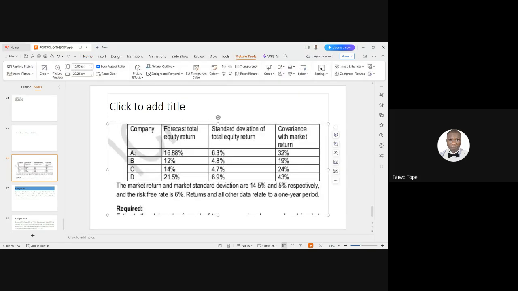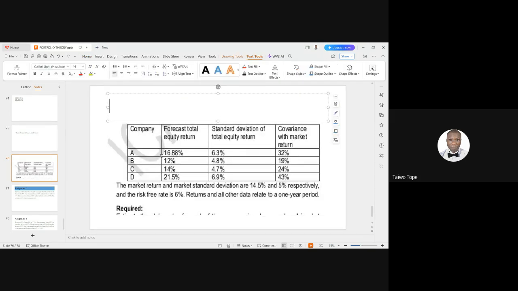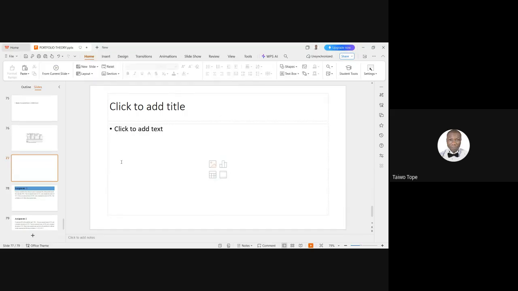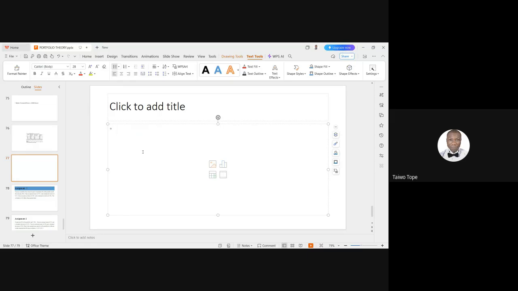The first thing we must do is determine our market variance. Let me just show this. We need the following.